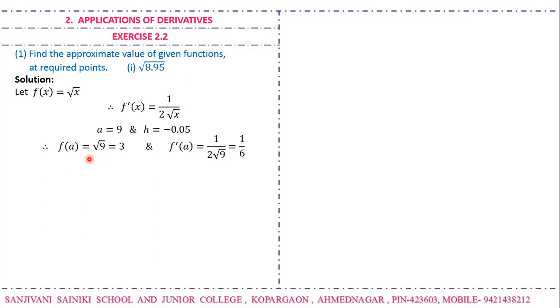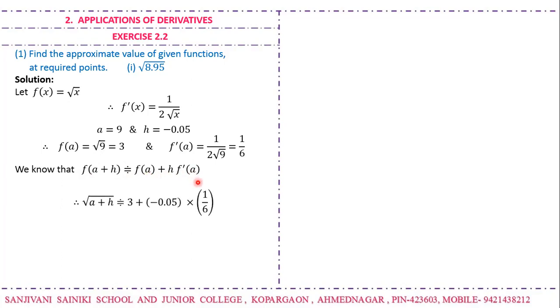So f of a is equal to square root of 9, which is 3, and f dash at a is equal to 1 upon 2 root 9, which is 1 upon 6. Now this is the formula to find the approximate value: f of a plus h is approximately equal to f of a plus h f dash at a.